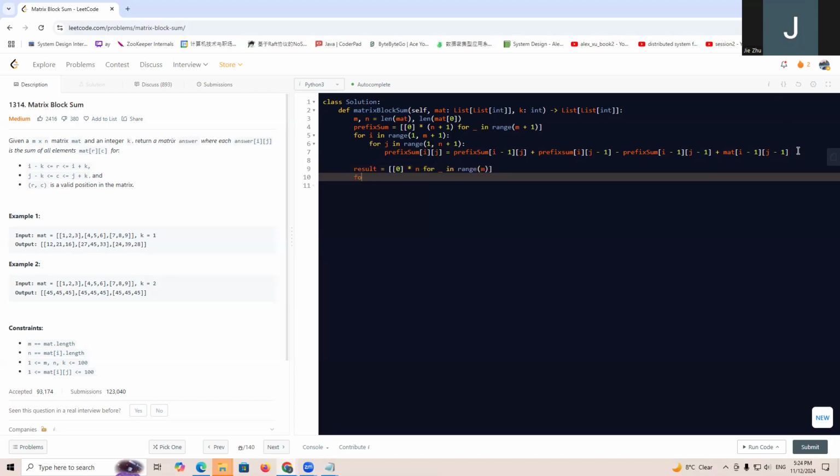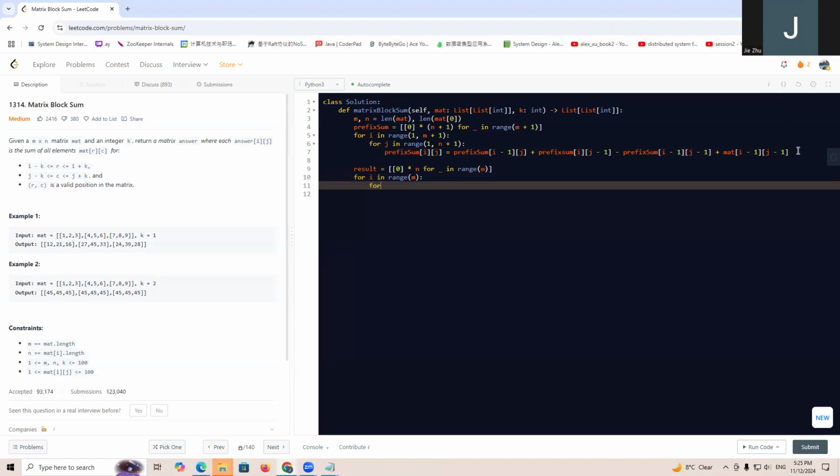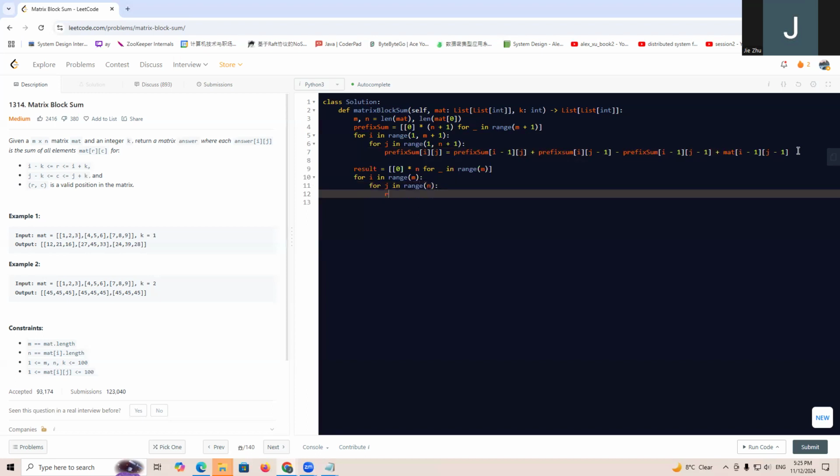The same thing: for i in range m, for j in range n, we have R1, C1, R2, C2. We should not exceed the bound. R1 should be max of 0 and i minus k, C1 max of 0 and j minus k, R2 should be min of m minus 1 and i plus k, and C2 min of n minus 1 and j plus k.